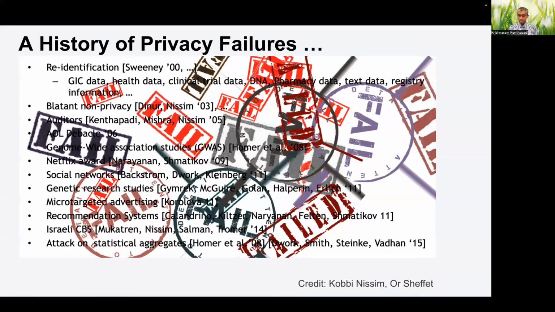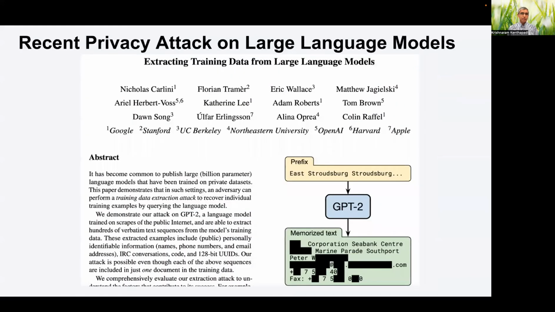And fairly recently, we have seen a paper showing that large language models tend to memorize uniquely occurring tokens in the training data. For example, tokens like phone numbers or addresses, even if they occur just once in the training data, which might be considered by the larger public as a potential breach of privacy.